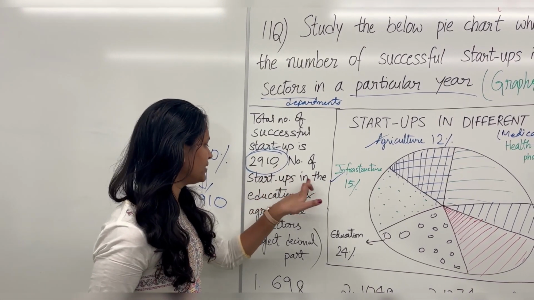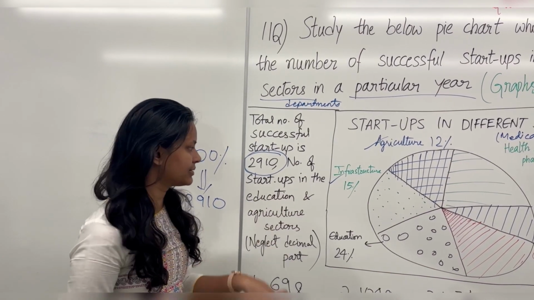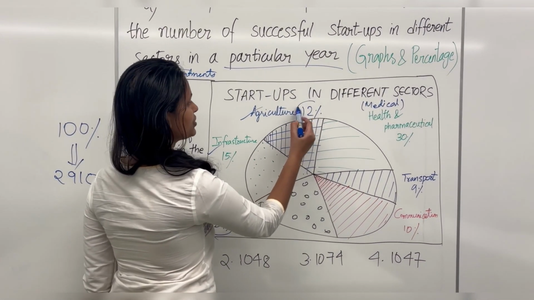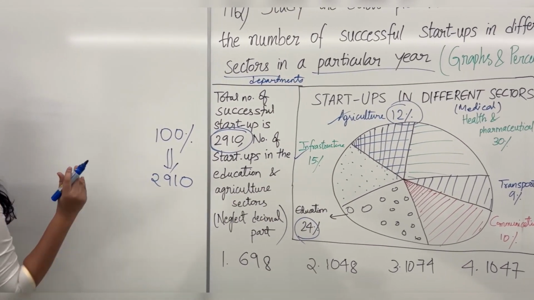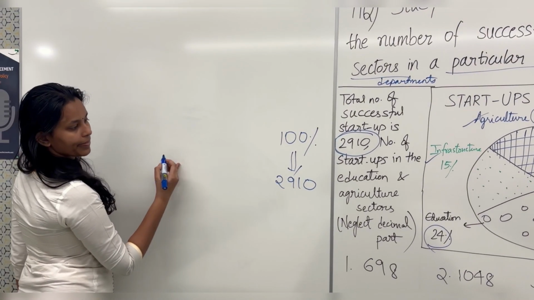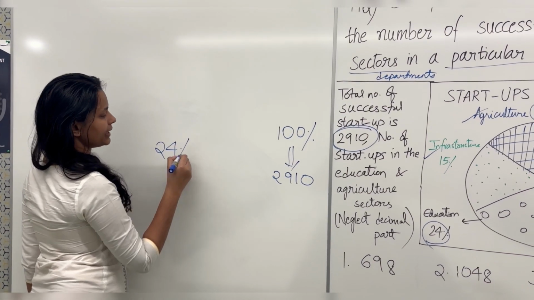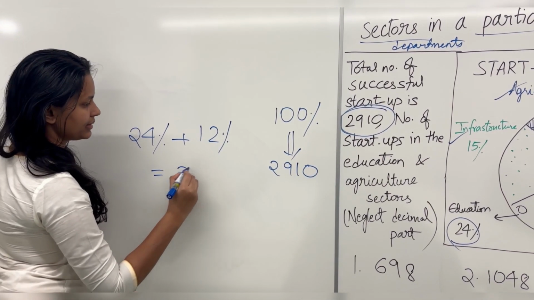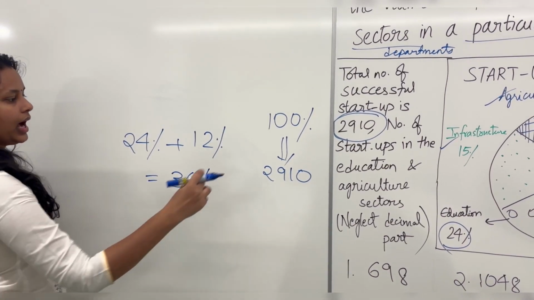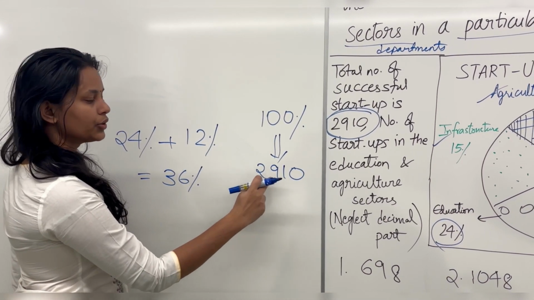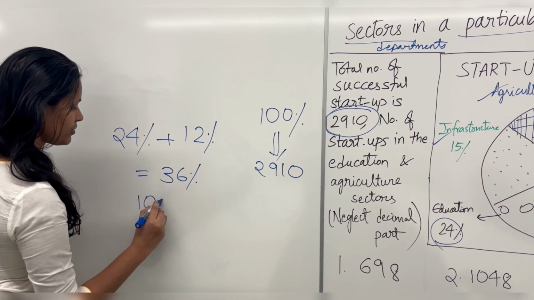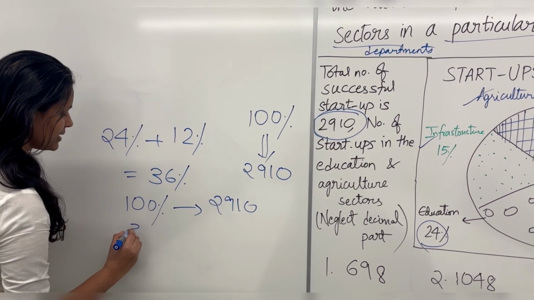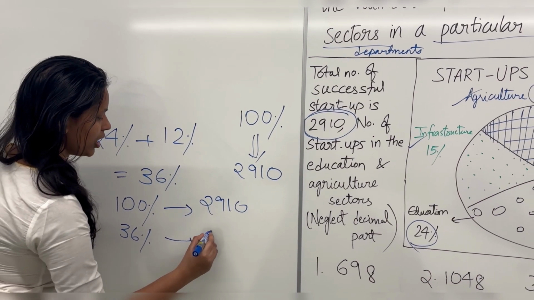Number of startups in the education and agriculture sectors. Education is 24, agriculture is 12. That means education is 24% plus agriculture is 12%, that is 36%. 100% value is 2910, but they're asking 36% how much?